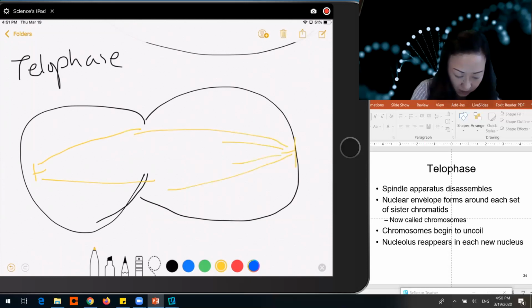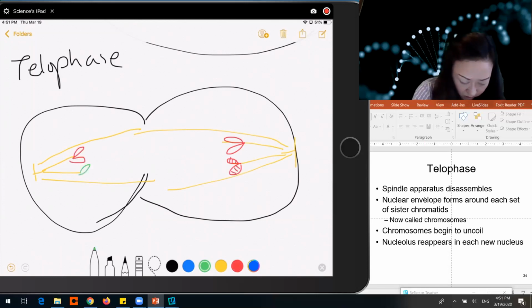And they are beginning. Okay, so this is one, this is one, this is one, this is one, oops. And then what's going on? The nuclear envelope is coming back.